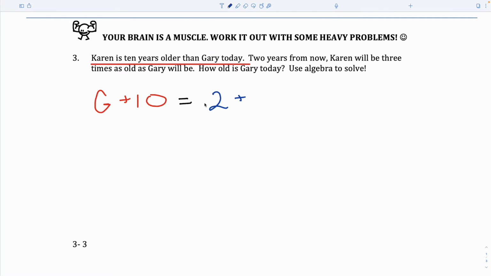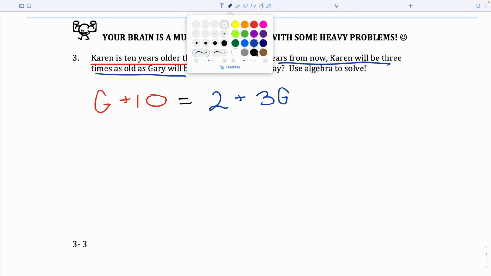in 2 years, Karen is going to be 3 times as old as Gary. Those two numbers, if we did it right, should actually equal each other because they're the 2 clues we get. And they both equal what Karen is. And so let's just isolate it for G, and we'll get Gary's age.